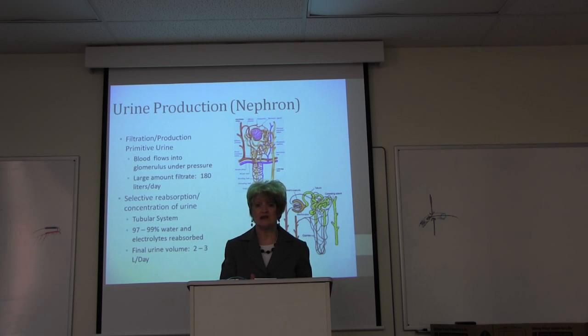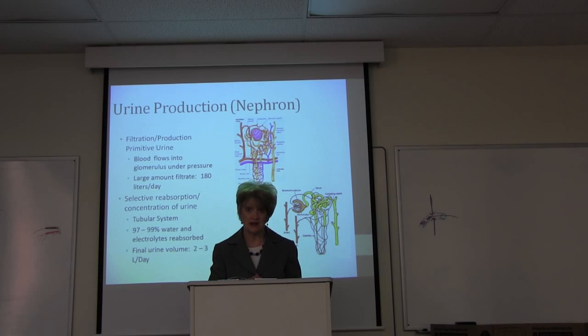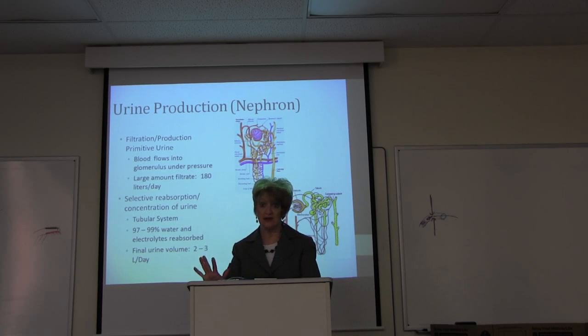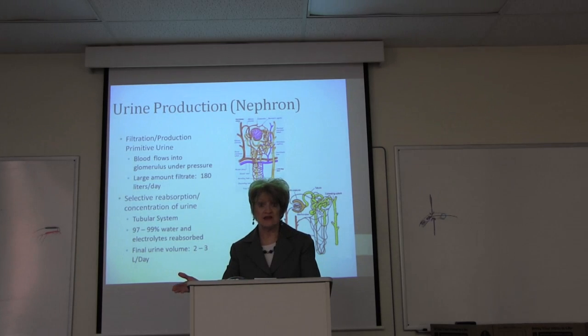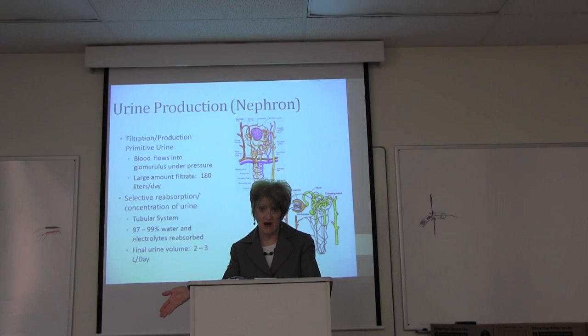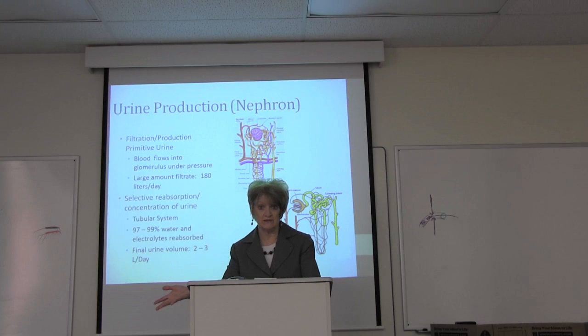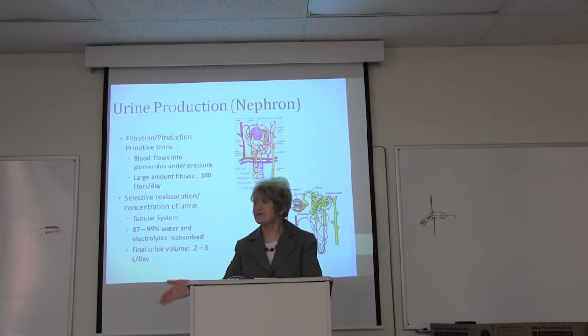Now, the problem with phase one is that it's very non-selective. It's simply pressure-based, and so you end up with this excessively high volume of filtrate or primitive urine. That points out the importance of phase two, which is selective reabsorption. Thank goodness we have phase two.